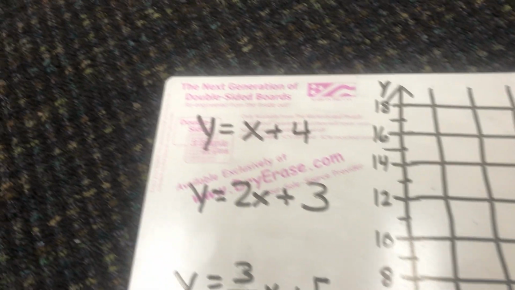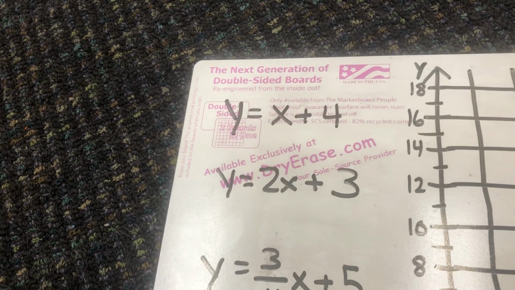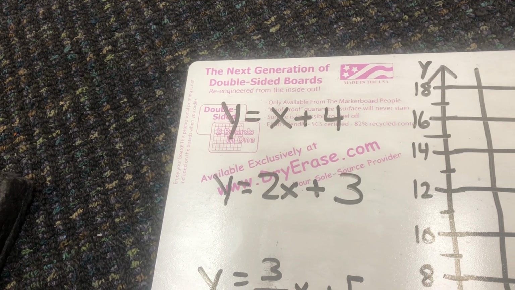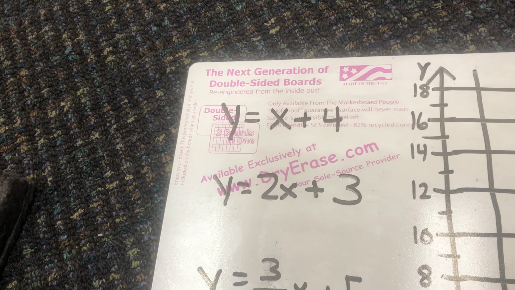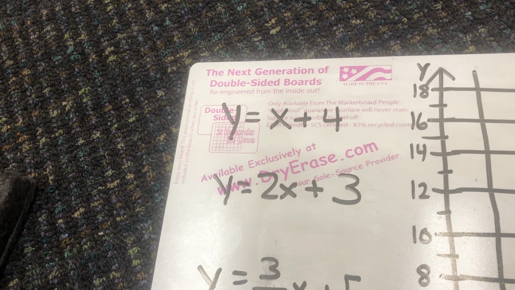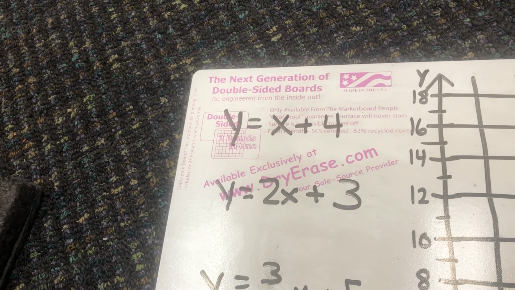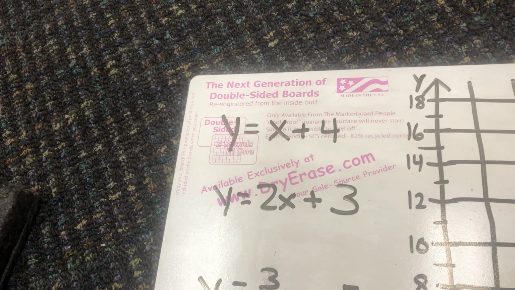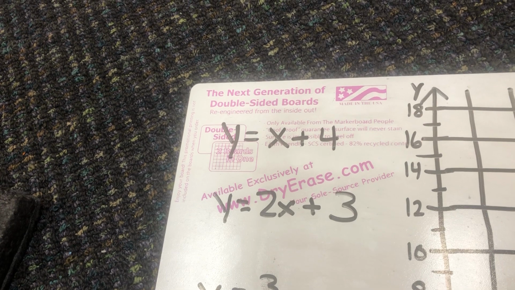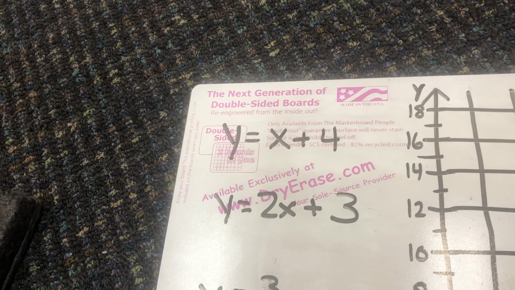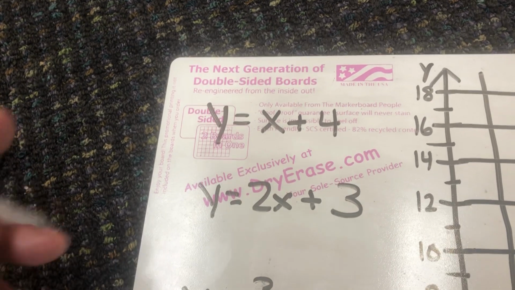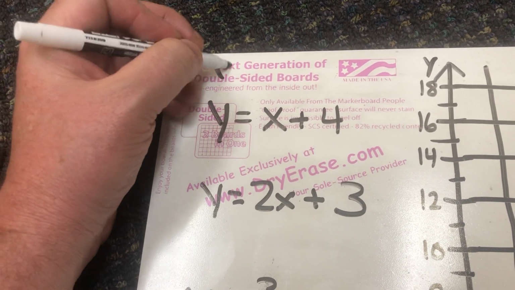Now, the directions are going to tell you to graph each equation. And so this says y equals x plus 4. So I'm going to graph this. Well, there are different things that I can do. When it says y equals x plus 4, this is what I call being in slope-intercept form.